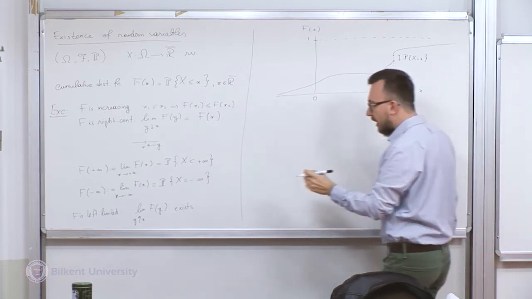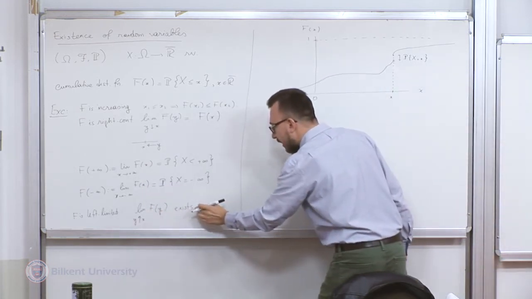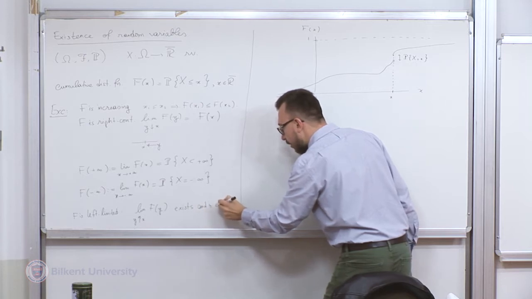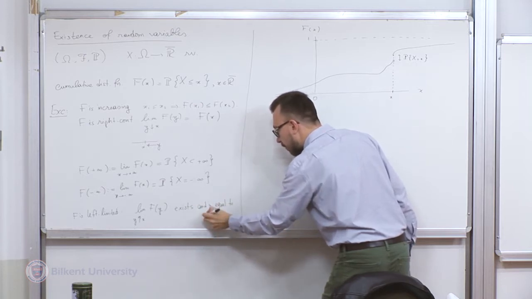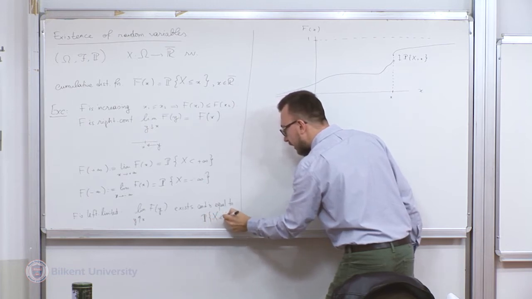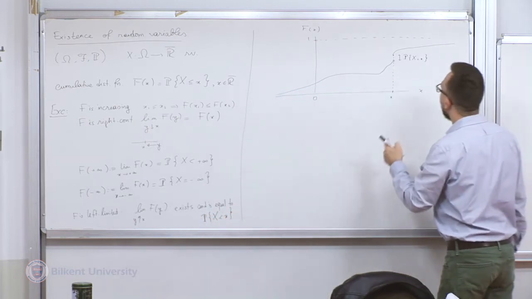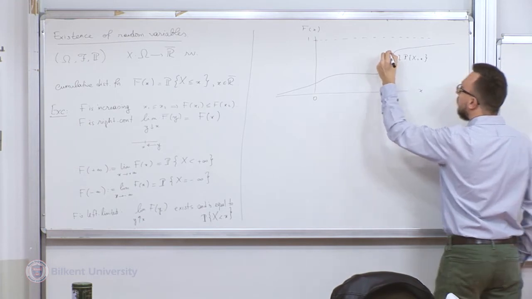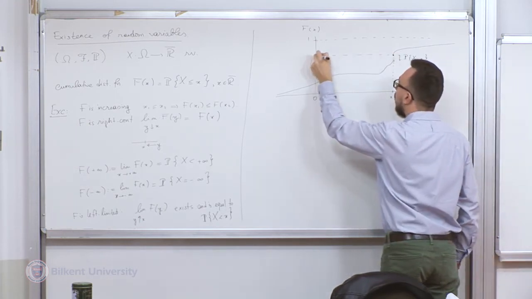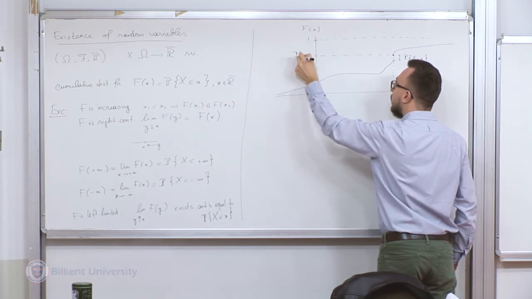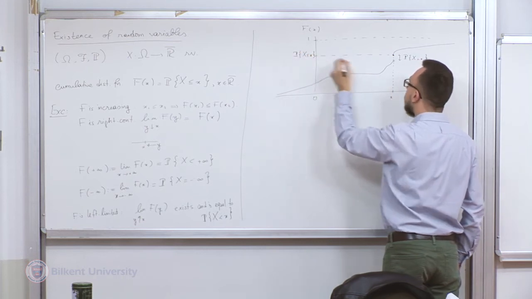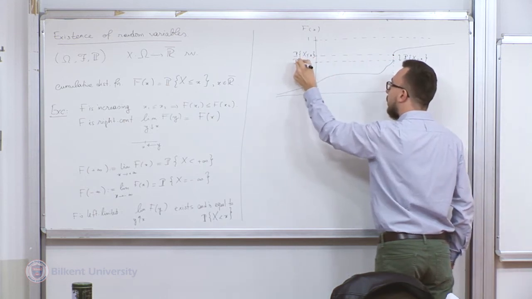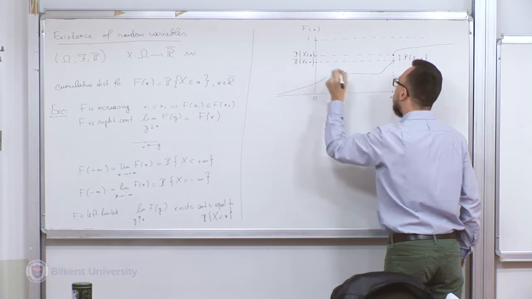In fact, this left limit exists and is equal to the probability that X is strictly less than little x. This value is the probability that X is less than or equal to x, and this is the probability that X is strictly less than x.